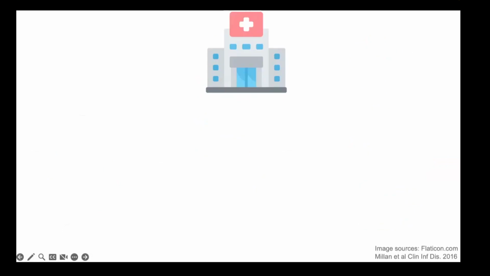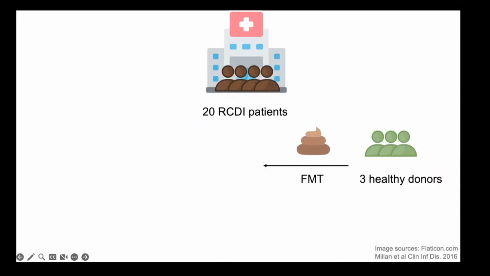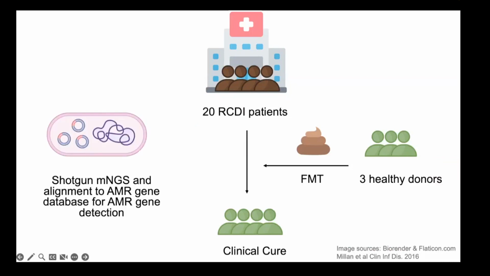One example is 20 patients with recurrent C. diff infection at a single center who were administered FMT from 3 healthy donors. This led to clinical cure, the resolution of recurrent C. diff in these patients. But these patients also had shotgun metagenomics done, and specifically the authors were looking at the AMR gene content.